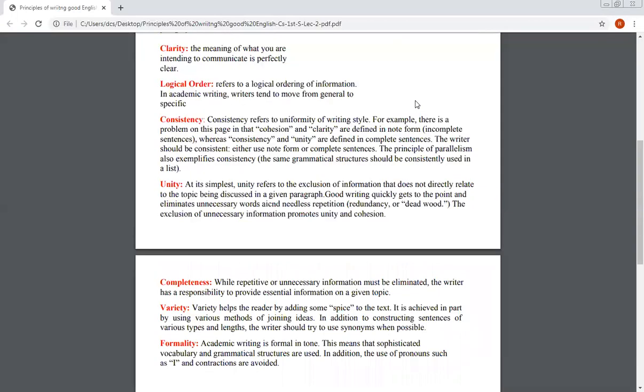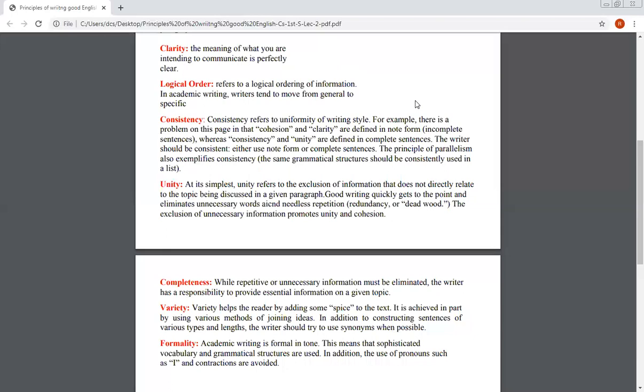After consistency, we come to another word that is known as unity. This is somehow relevant to consistency. At its simplest, unity refers to the exclusion of information that does not directly relate to the topic being discussed.